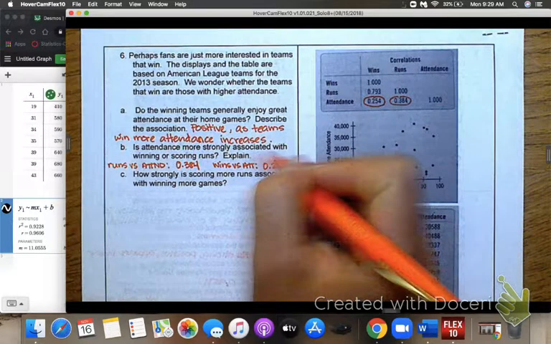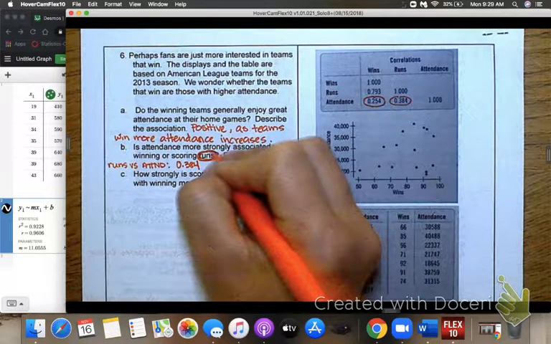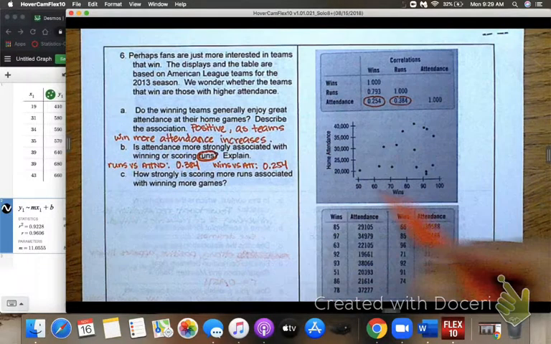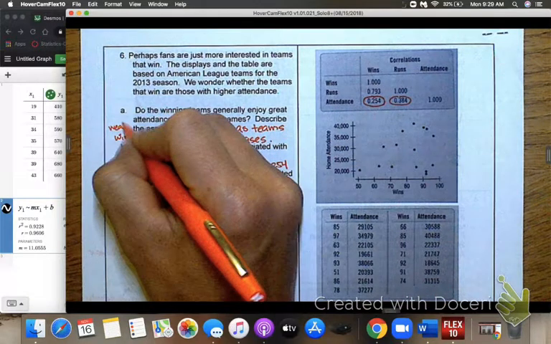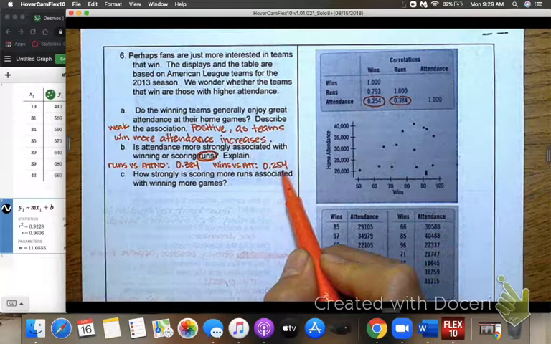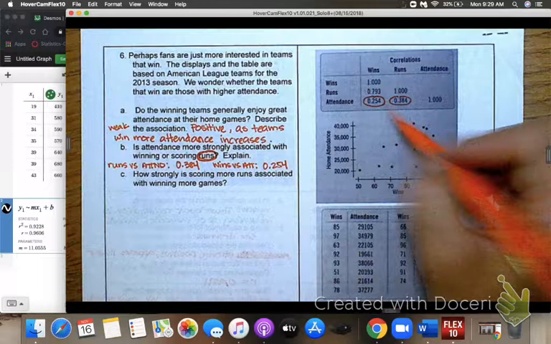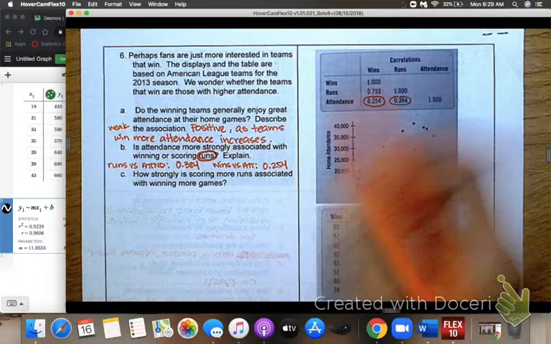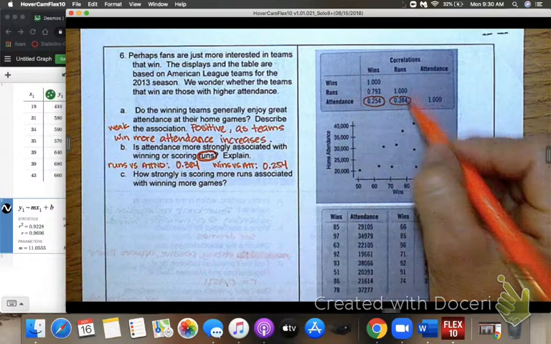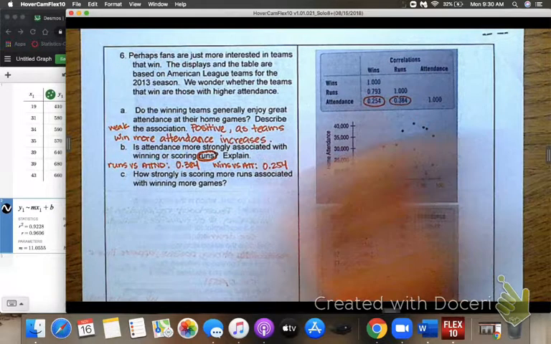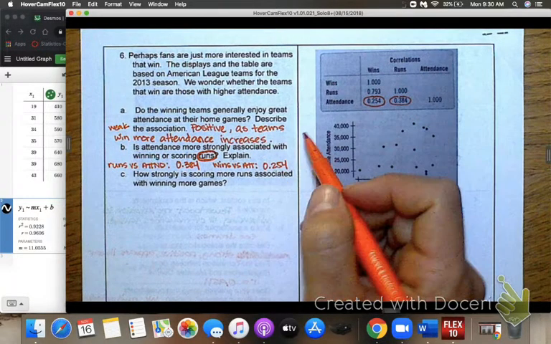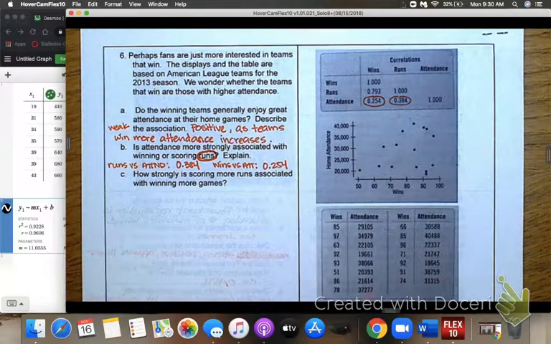Because remember, the correlation between attendance and wins was positive, but also very weak, and we can see that from the numbers they gave us. Now, the correlation between runs and attendance is also weak, but it's not as weak. So we would go with runs for part B.